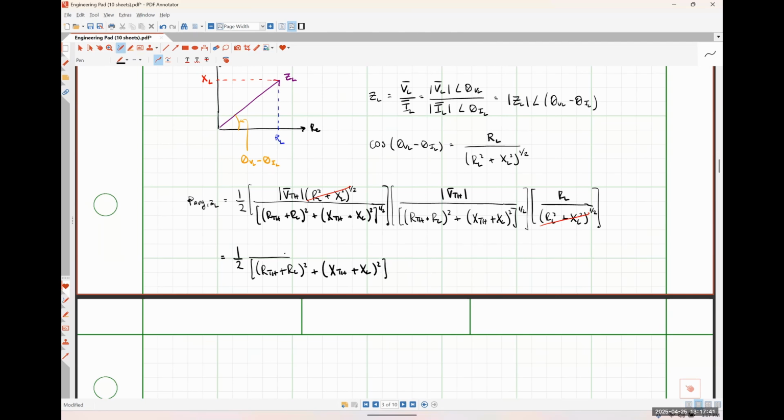And then in my numerator, I'm simply going to have the magnitude of my Thevenin voltage squared times the real part of my load impedance. Okay.